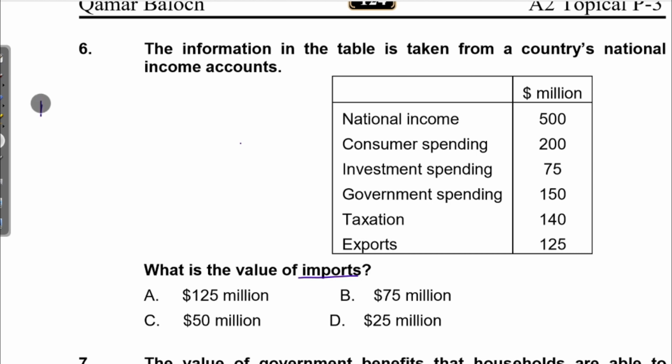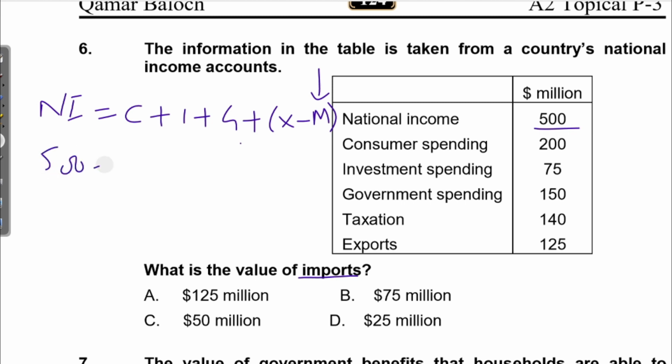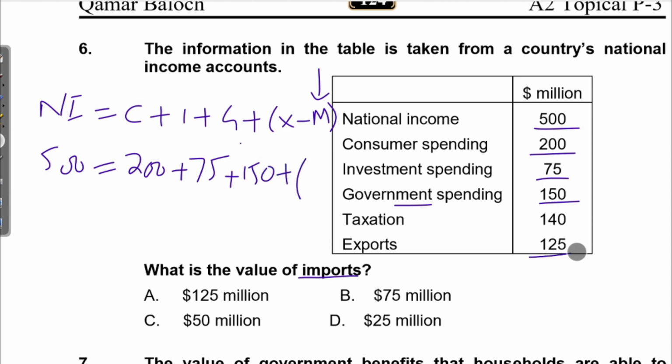We know that national income or GDP is equal to C plus I plus G plus X minus M. If we apply this formula, then we can find the value of imports. Just put the value of national income 500, then plug the value of 200 into consumption, and the value 75 into investment, and government spending, which is equal to 150, plus we have exports equal to 125 minus imports.